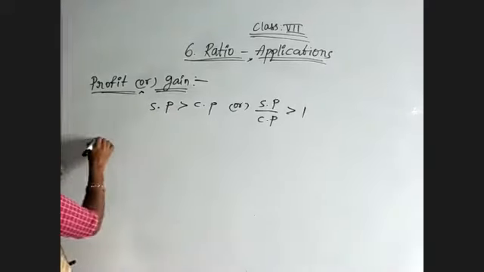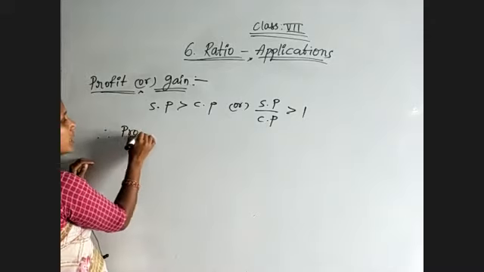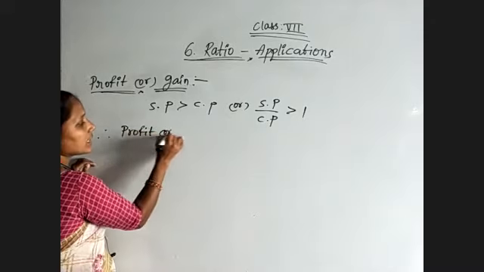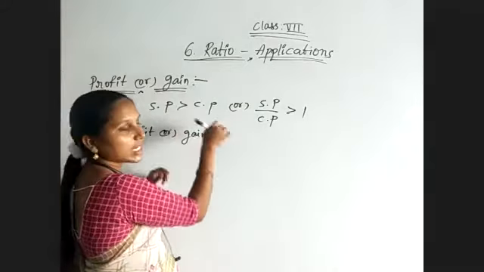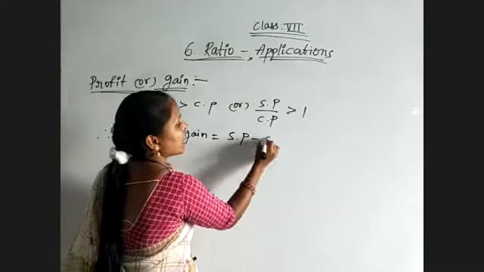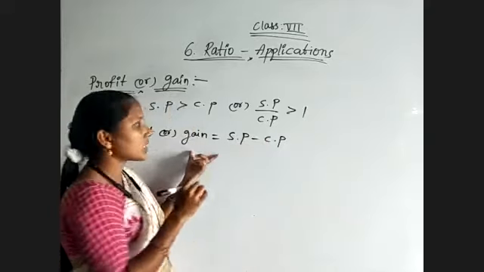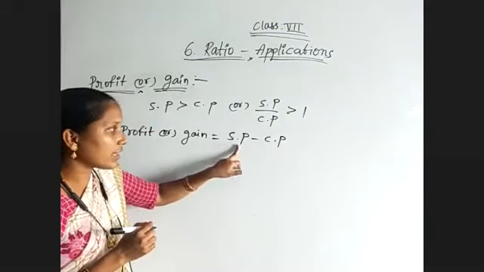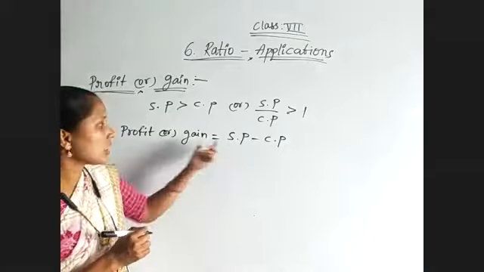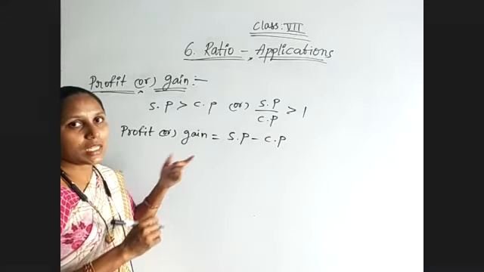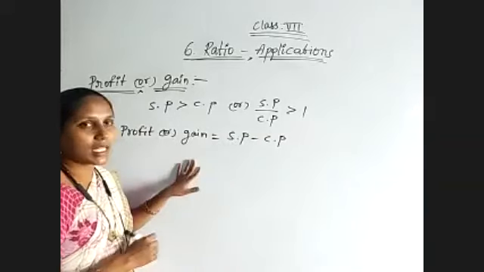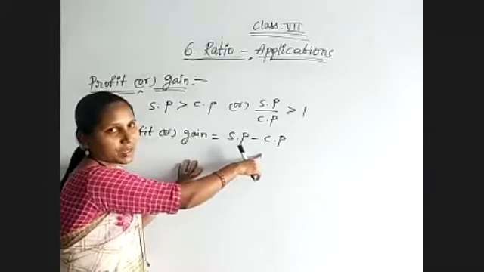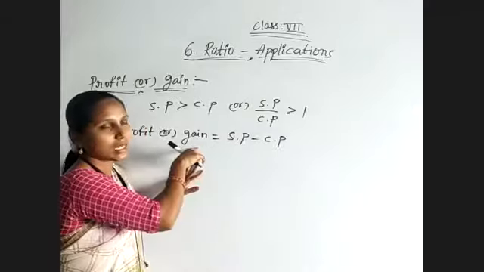So profit or gain is nothing but the difference between SP and CP: SP minus CP. By using this formula, if they give SP and CP values, we can find out profit. If they give SP and profit, in that case, we need to find out CP first. Minus CP bring this side and gain bring this side.